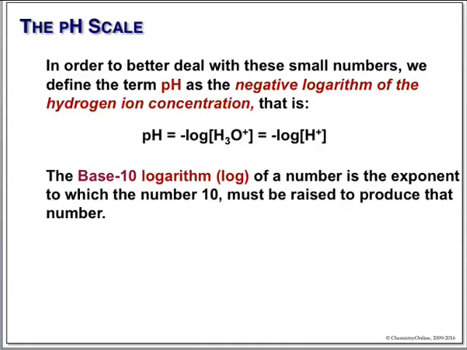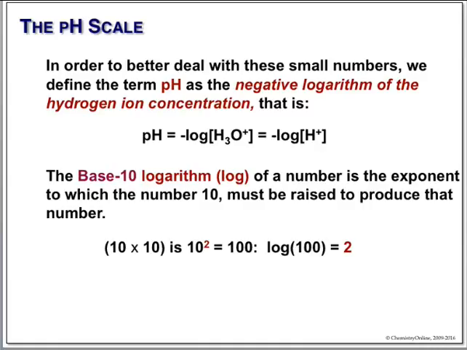So it's just the exponent. And a base 10 log is simply the exponent to which 10 must be raised to get that number. So again, 10 to the minus 7 is going to be a negative, so we have to put a negative in there. Minus 7, change its sign, it'll be 7.